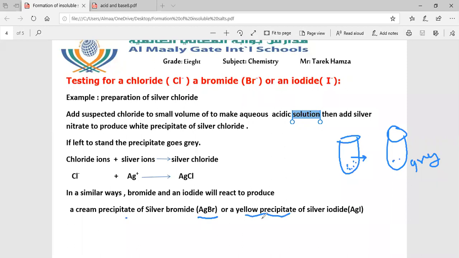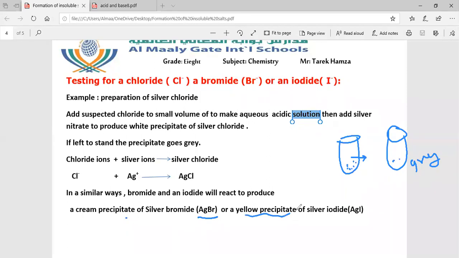So silver chloride has a white precipitate color but goes gray with time. Silver bromide has a creamy color. Silver iodide has a yellow color.